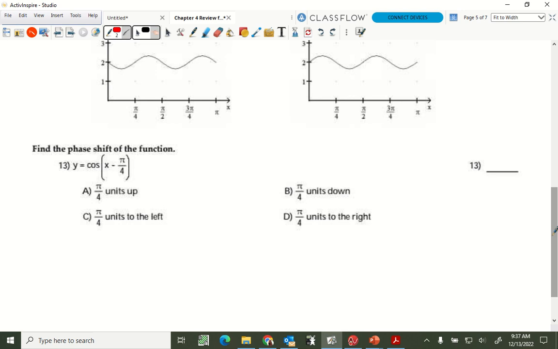But a vertical shift moves up and down, doesn't it? So pay close attention to the wording. It's asking for the phase shift, so that's the left and right. So now this one, it's not going to be up, it's not going to be down. So what's my phase shift going to be here? To the right, how much? Pi over 4. Very good.